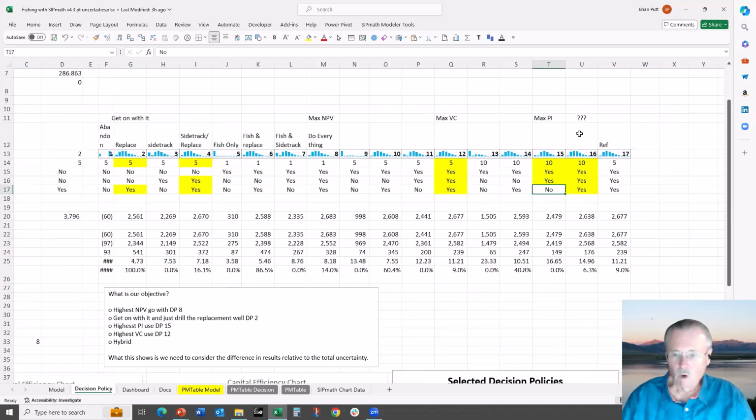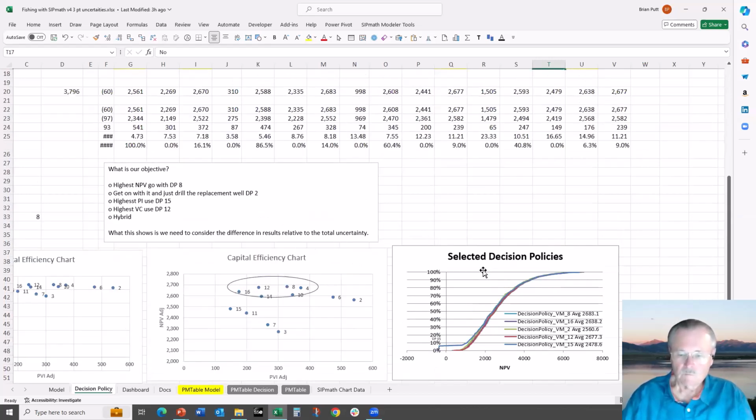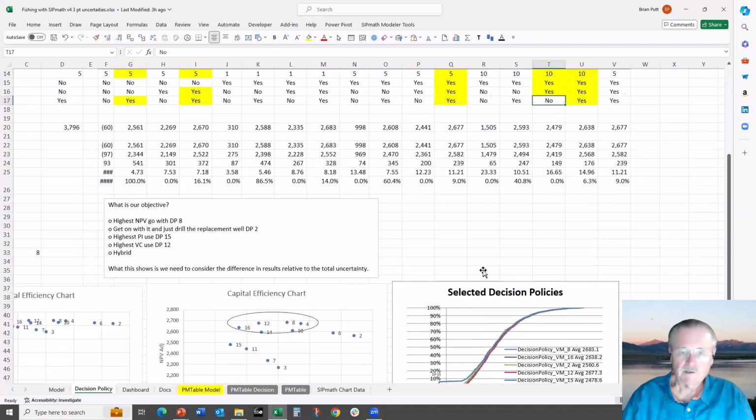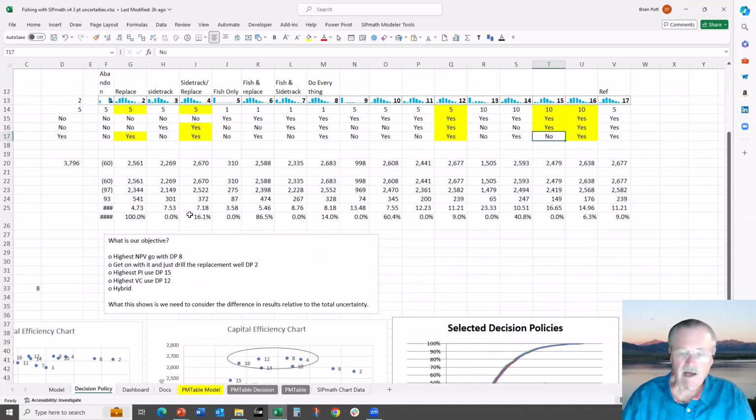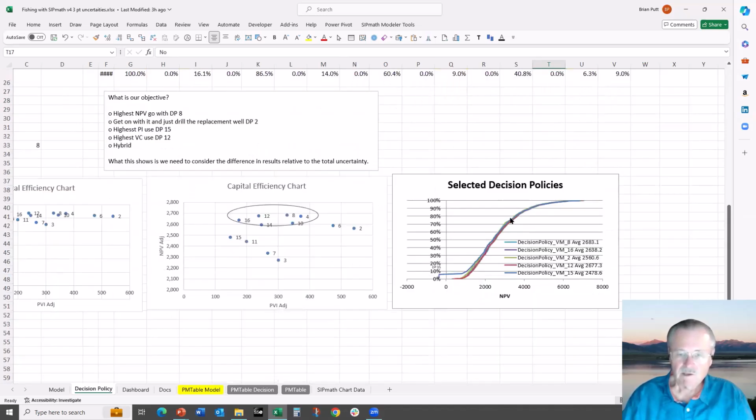And then I've highlighted one more over here that we can talk about. Oh, one more point. The other thing we should look at is the uncertainty, because these are all expected values. So if I come down here and plot all of those points that I just talked about over here, and the distribution of NPV, we see that all of them look almost identical, other than this one blue one, which is policy 15.